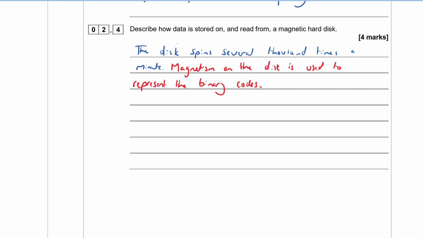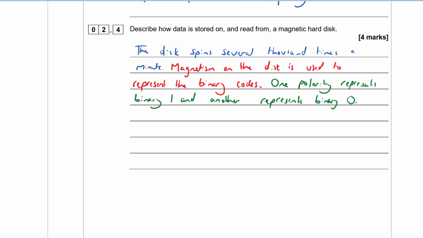But anyway, what can we say next? That's quite vague. That's just saying we're using binary, which of course we are. Let's now say one polarity represents binary 1, and another represents binary 0.